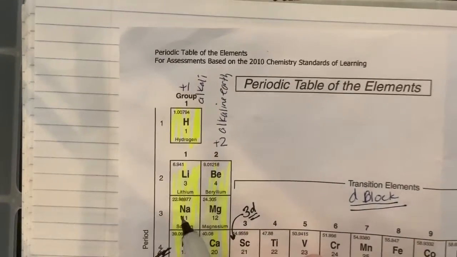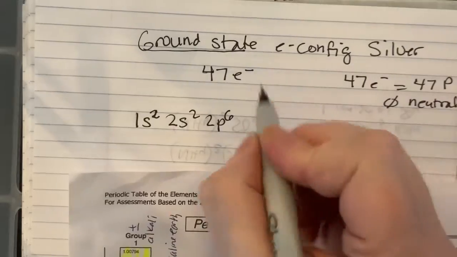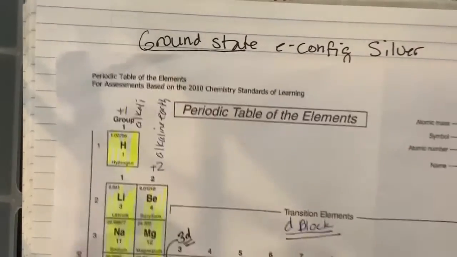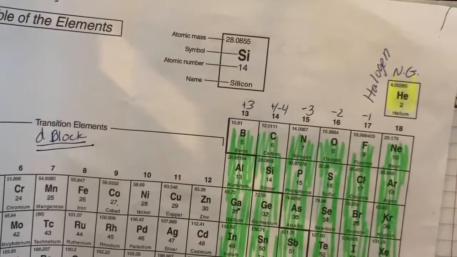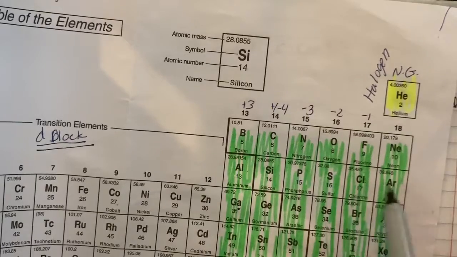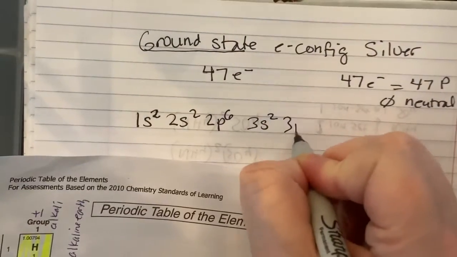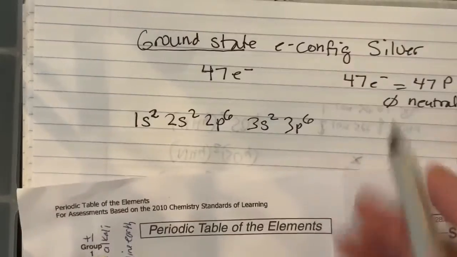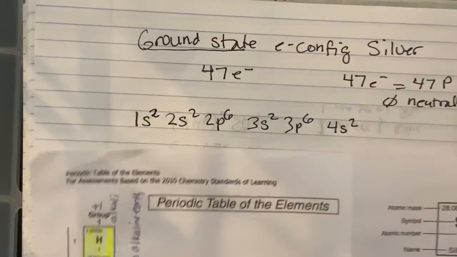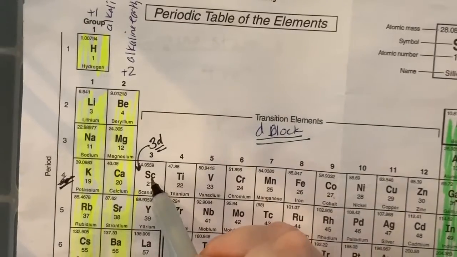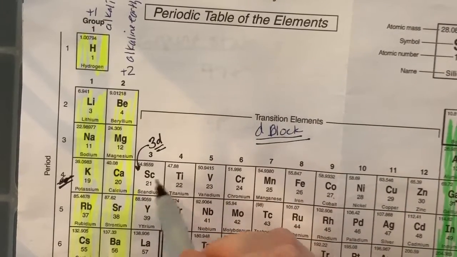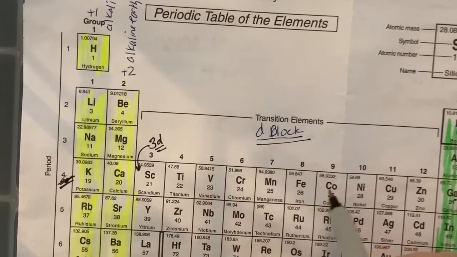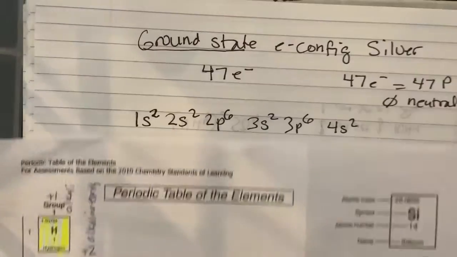And go back over the next row, 3s2, 3p6, 4s2, not 4D, 3D, 3D10.